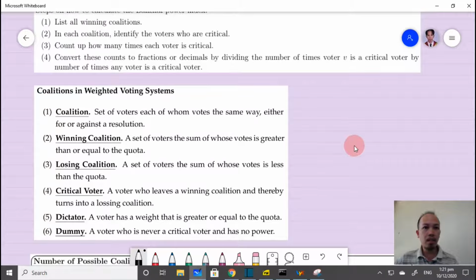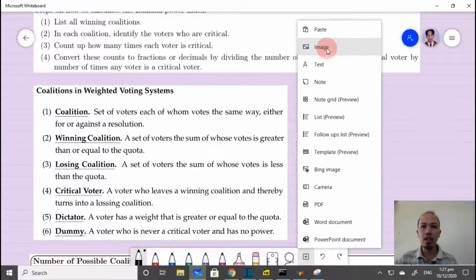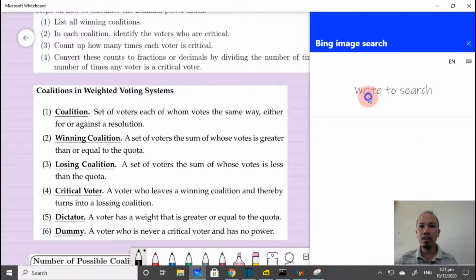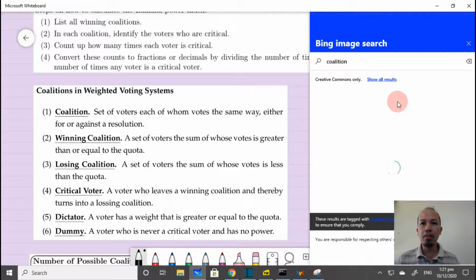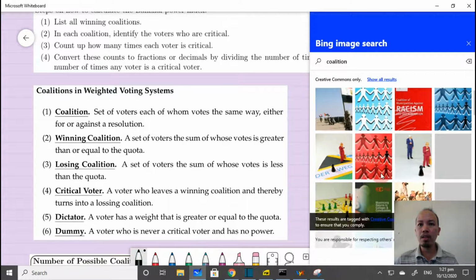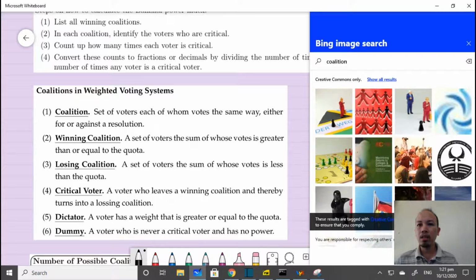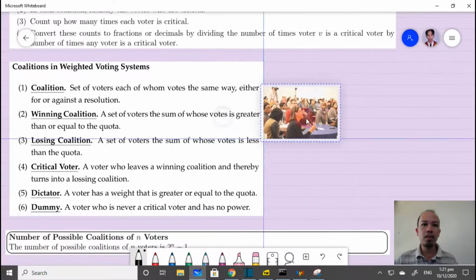Maybe let's have an illustration here. I'm going to find an image about the coalition. What do we mean by coalition? Let's have an image here. I like this one. Let's put that one here.